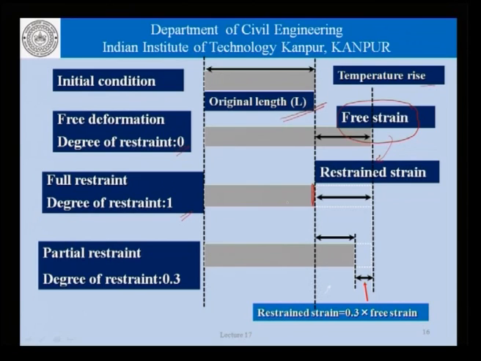Similarly, if there is a partial restraint, then we can have a combination of a certain amount of restrained strain and a certain amount of free strain, and depending on the ratio of these two with respect to the total free strain, we can define a concept of degree of restraint, and if we have 0.3, then this is 30% of the total strain.